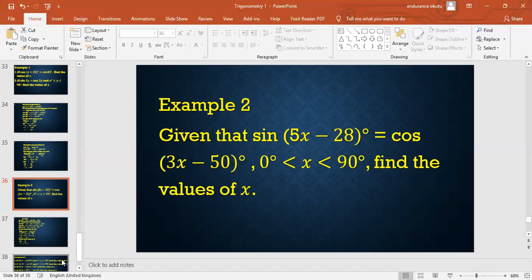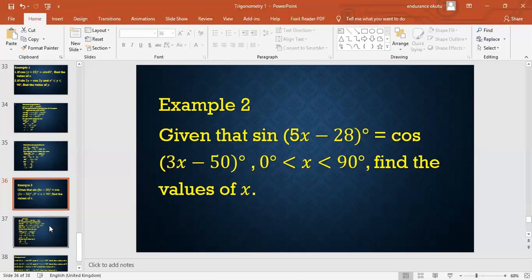Okay, now the last question in this example 2. This is the last question. Now I want you to listen attentively so that you can benefit maximally in this class. In this question, we're asked: given that sine (5x minus 28) degrees equals cos (3x minus 50) degrees, when 0 degrees is less than x, and x is less than 90 degrees, find the value of x.